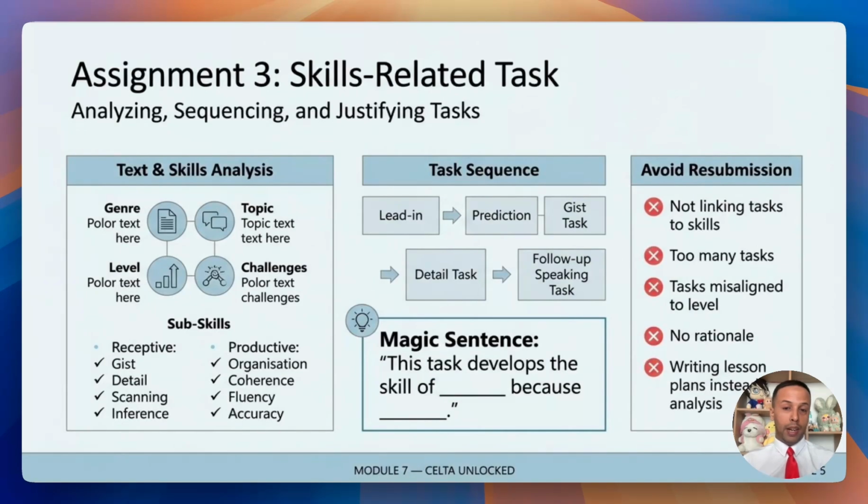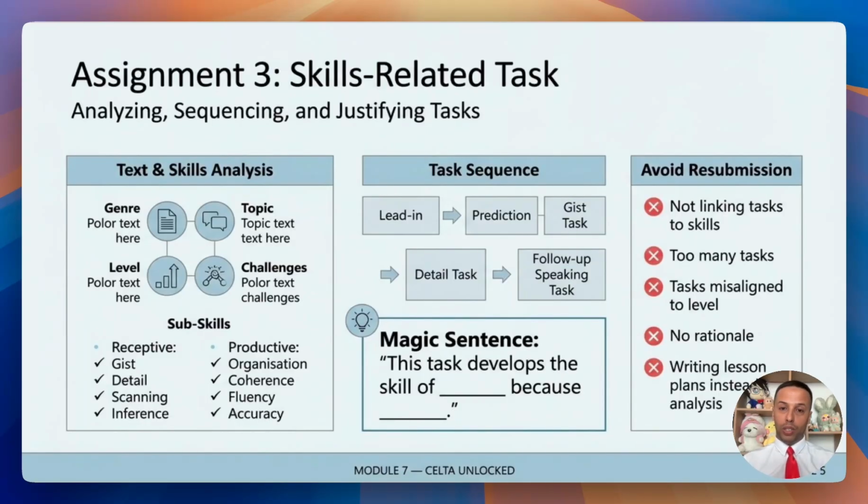You are now analyzing, giving evidence, the rationale behind every step you do. Fill in those blanks for every task you propose, any task. That's what tutors want to see, not just what you would do, but why. You start analyzing, critiquing, reflecting: why this task and not another.